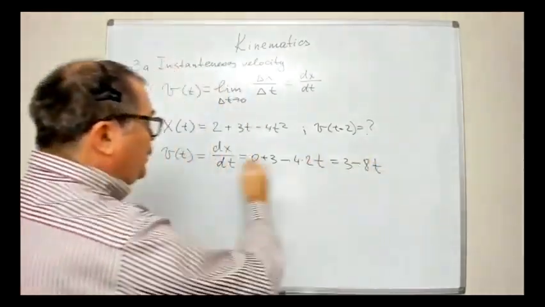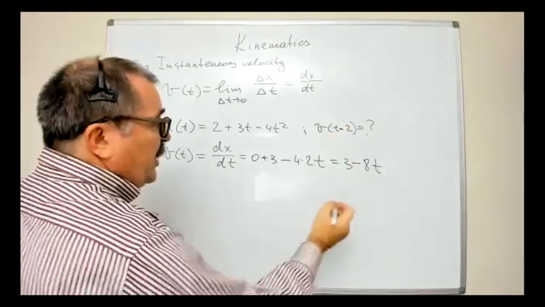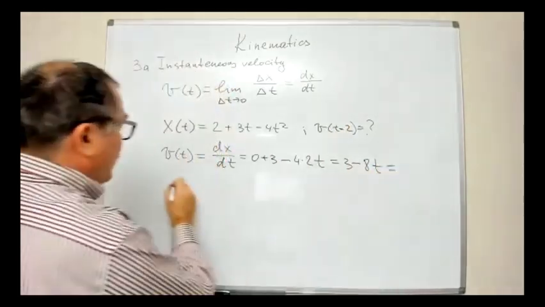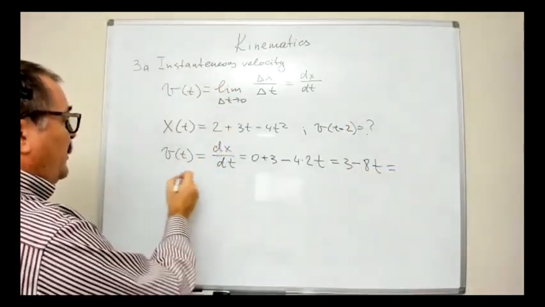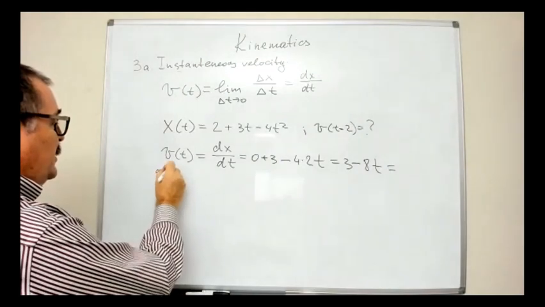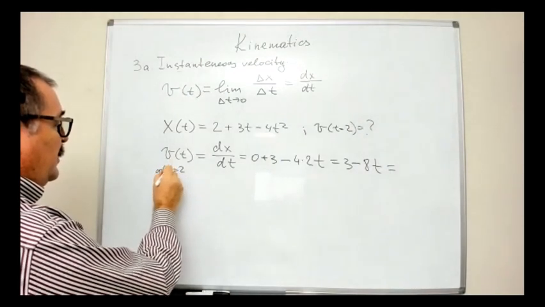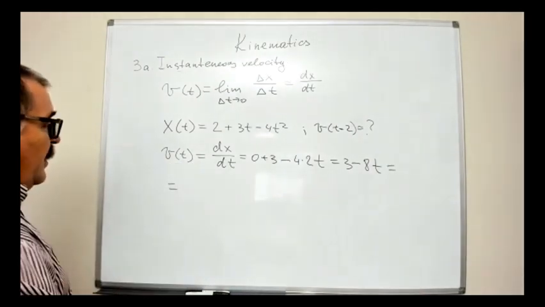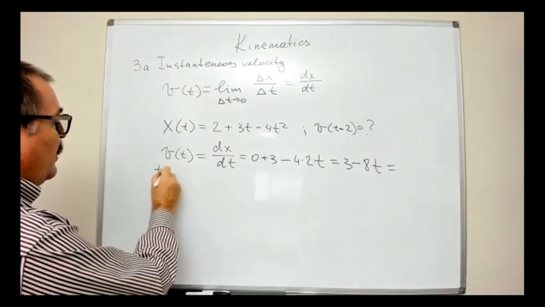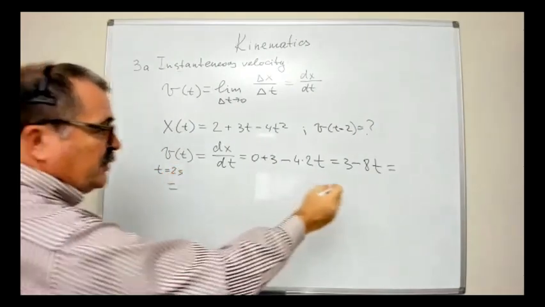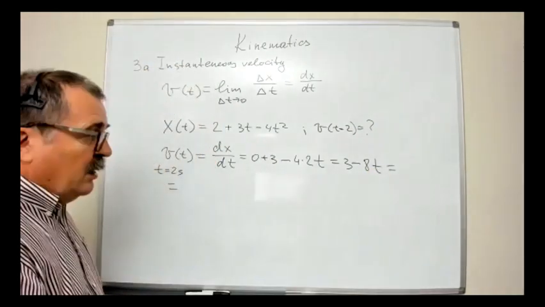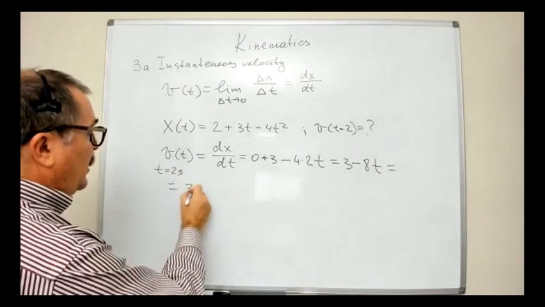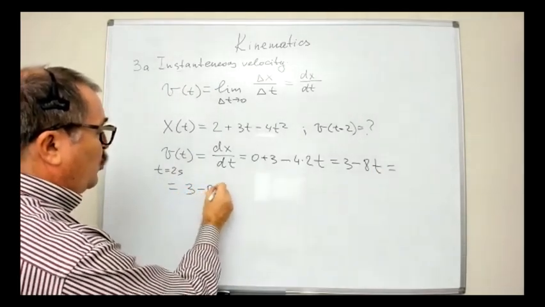And we have to evaluate this function at time 2 seconds. Right, so we have to evaluate at t equals 2 seconds. So we just put t equals 2 here and evaluate. So it's going to be 3 minus 8 times 2.